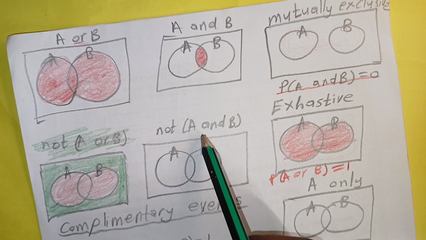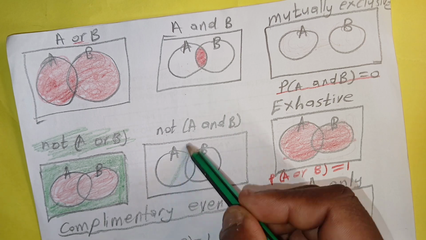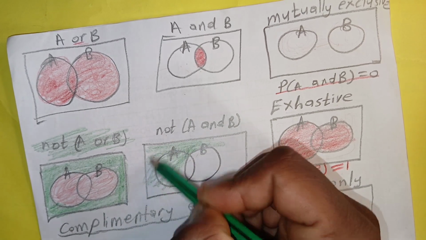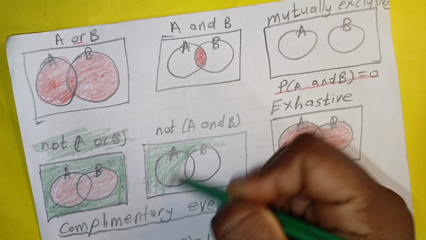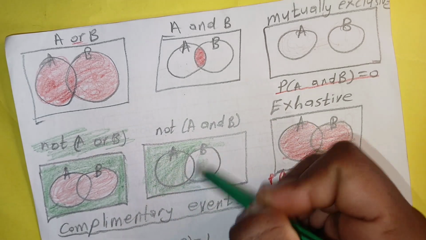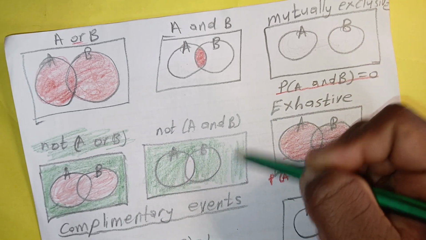Now when they say not A and B, they talk about what is here. They don't include the intersection point.